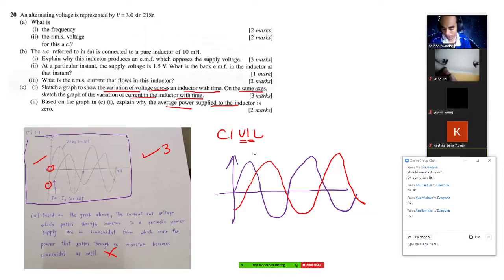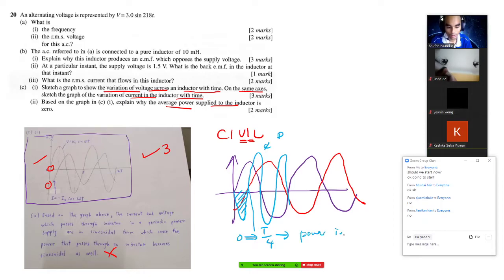In the P graph, it will be going down and goes up and goes down and goes up and goes down like that. In the P graph for the whole T1, this is T over 4, right? T over 4.